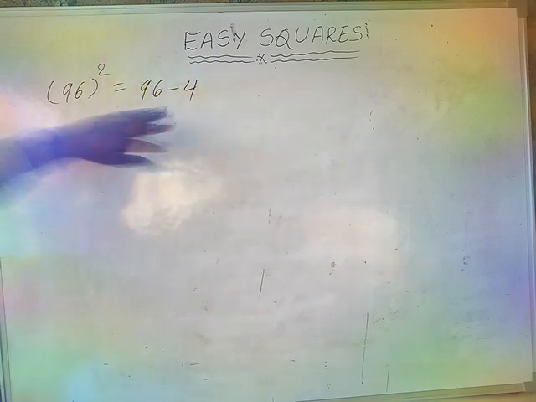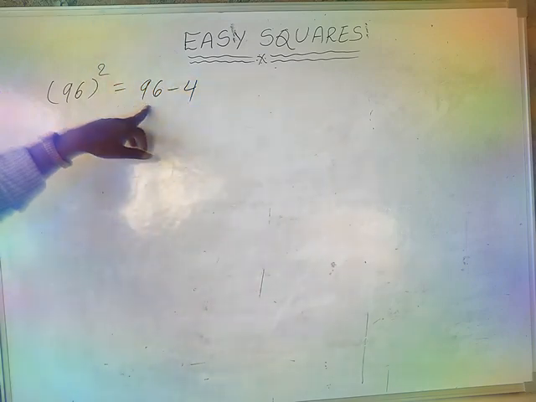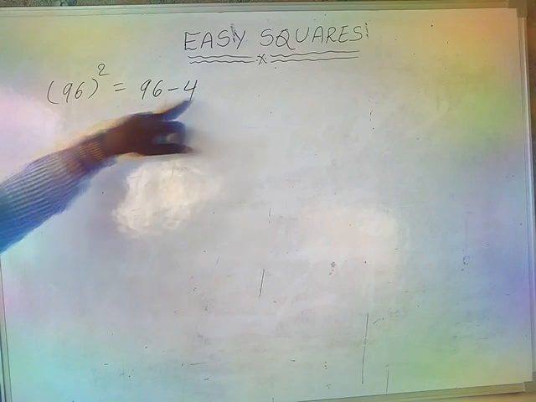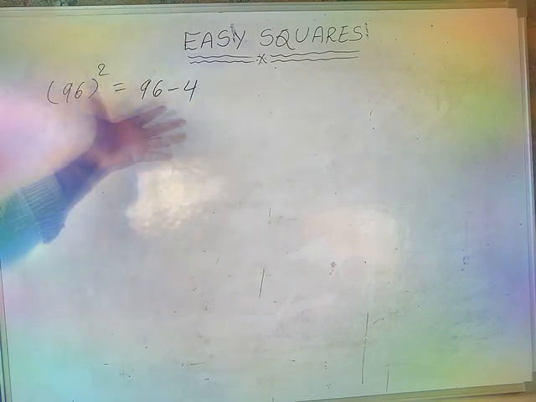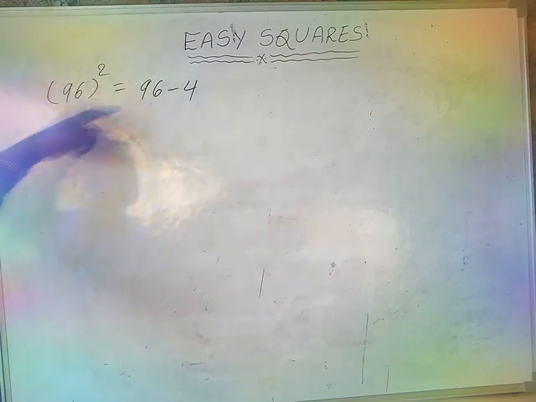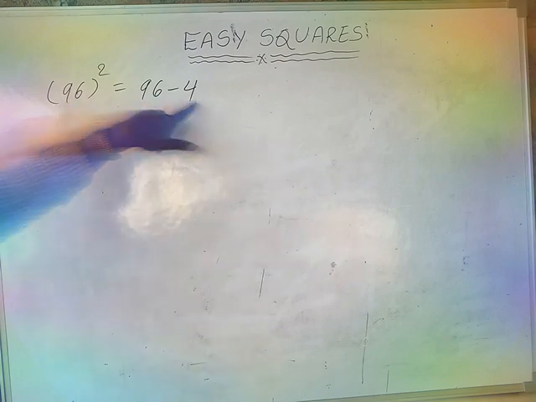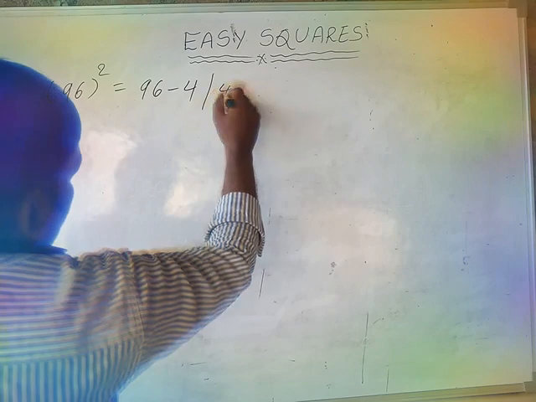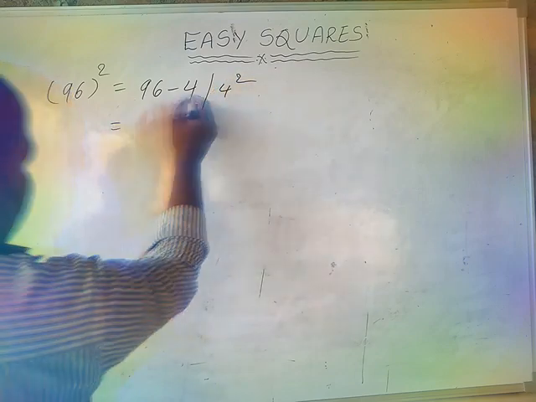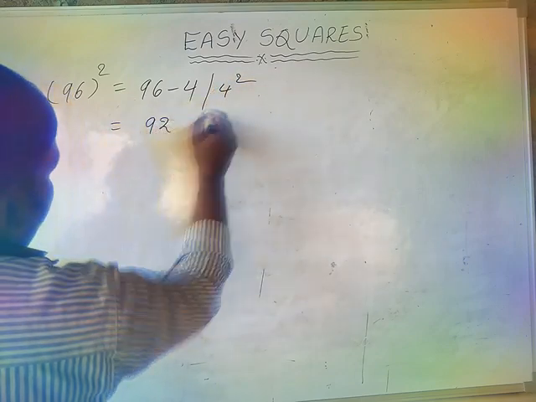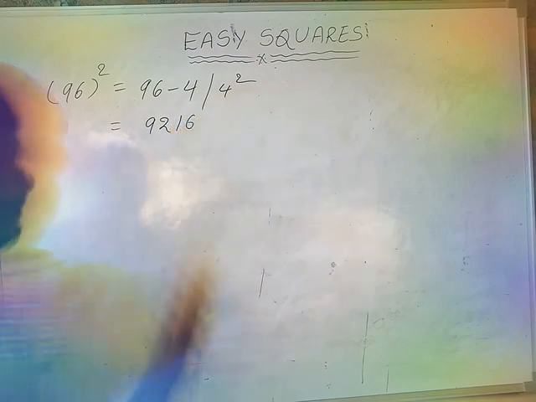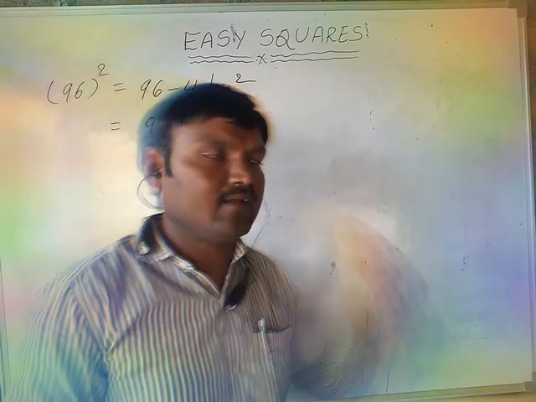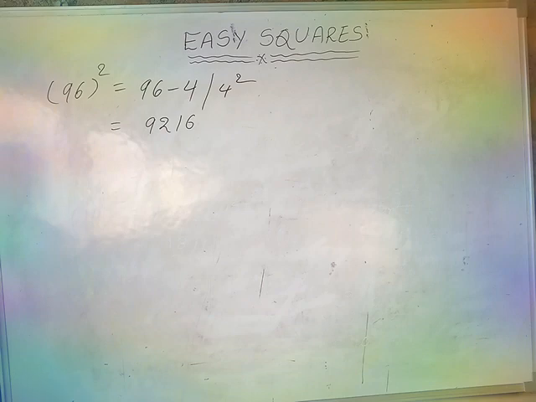The number subtracted to get 96 from 100 is 4. That means 96 plus 4 is 100, that is the main base, but we subtract from 96 minus 4. So after that, this is 4 square. This is equal to 96 minus 4 means 92. 4 square means 16. That's it. That is the square of 96 whole square.